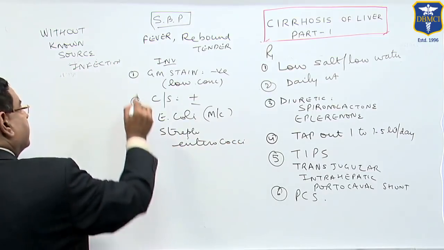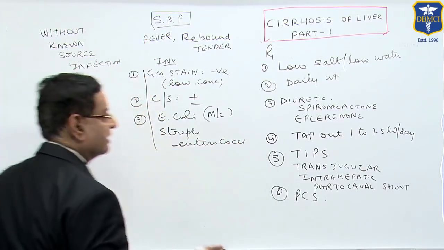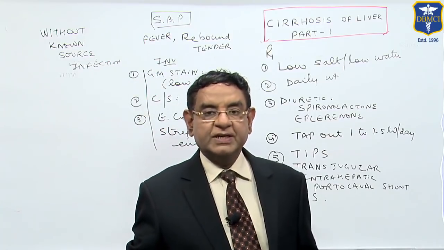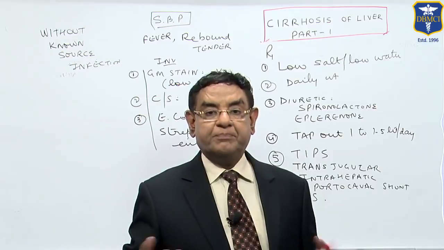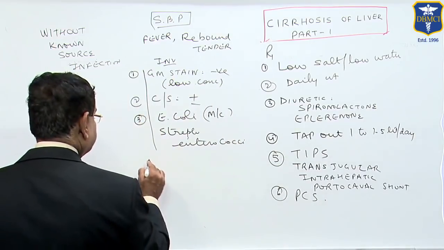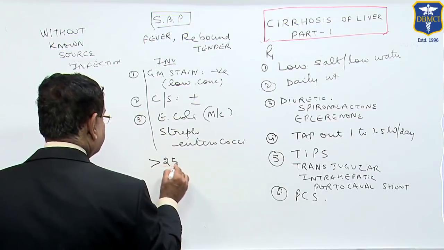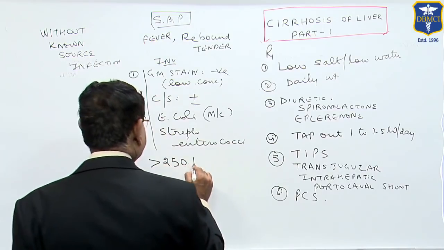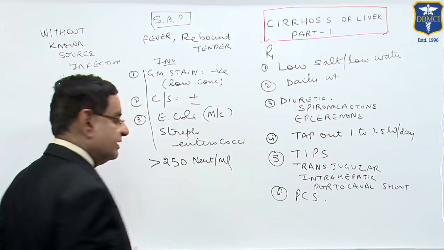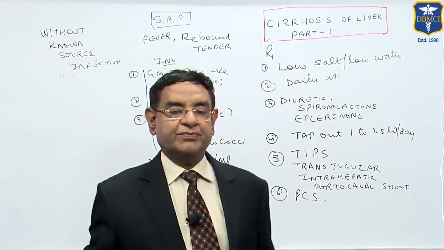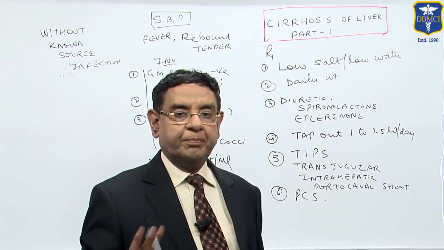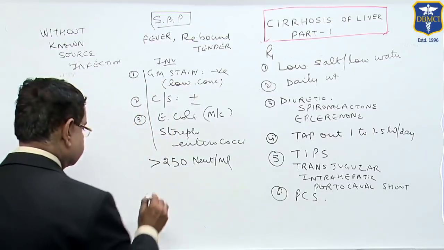As I was telling you, they may or may not be detected even by culture. Then what is the single best initial test? You look at the ascitic fluid. If it contains more than 250 neutrophils per ml, it is highly suggestive of spontaneous bacterial peritonitis.